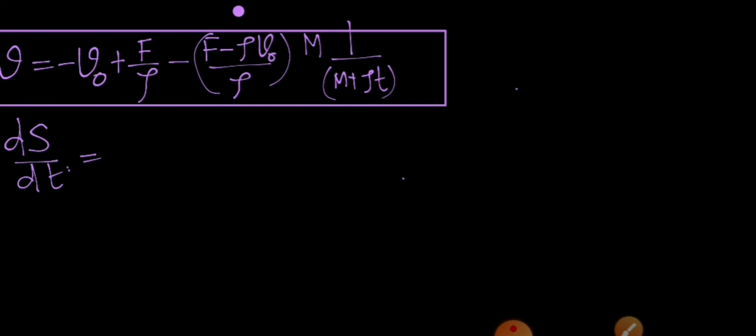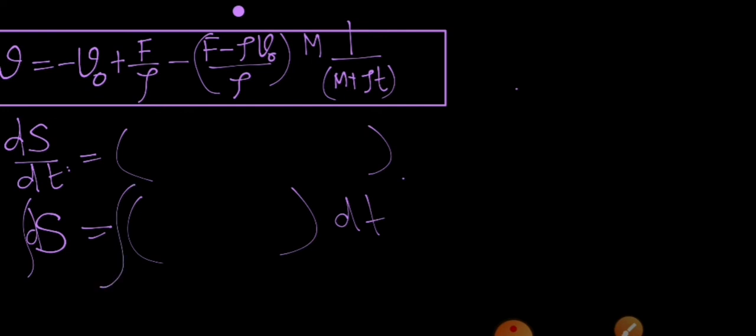I'll take this dt to this side, and this whole quantity I'll be taking dt to this side. Then after integrating with the suitable limit, I can get the value of s. ds integration will be equal to this quantity into dt. I have to integrate, and after integrating I'll get the value.